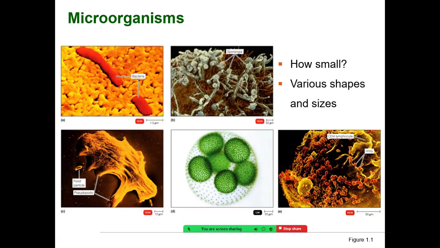Most bacteria are single individual cells. There are some bacteria that do grow in colonies. However, we do call them single-celled organisms because if you break off one cell from the bacteria colony, that one cell can go on and form its own colony.